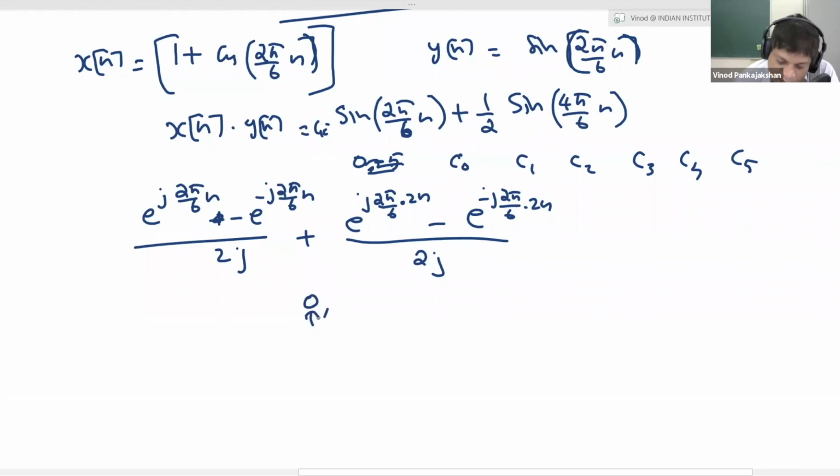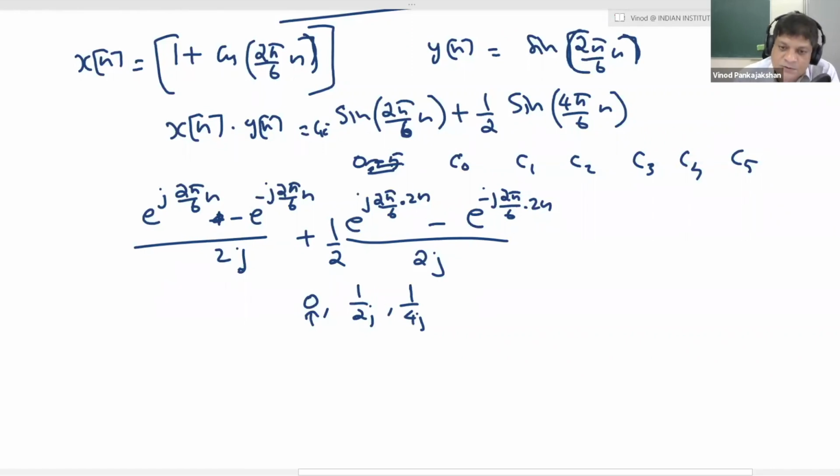Then this corresponds to c1, which is 1 by 2j. Then c2 is what? There is something wrong, we have to divide by 2 also. So is it 1 by 4j? Yes, 1 by 4j, because 1 by 2 into 1 by 2j.